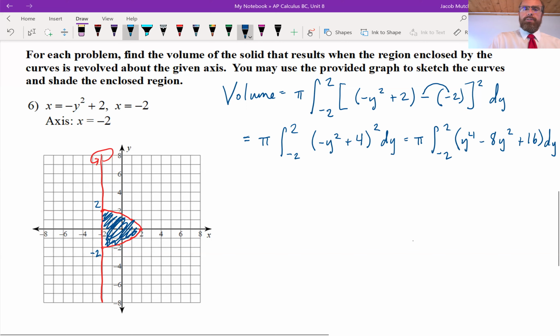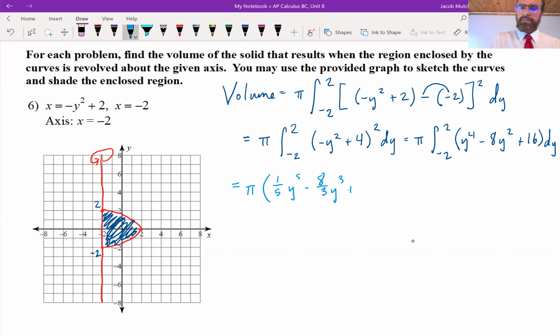That's ready at this point to integrate. So that's going to be equal to pi times 1/5 y to the power of 5 minus 8 over 3 y cubed plus 16y. And we're going to evaluate this from negative 2 to 2.